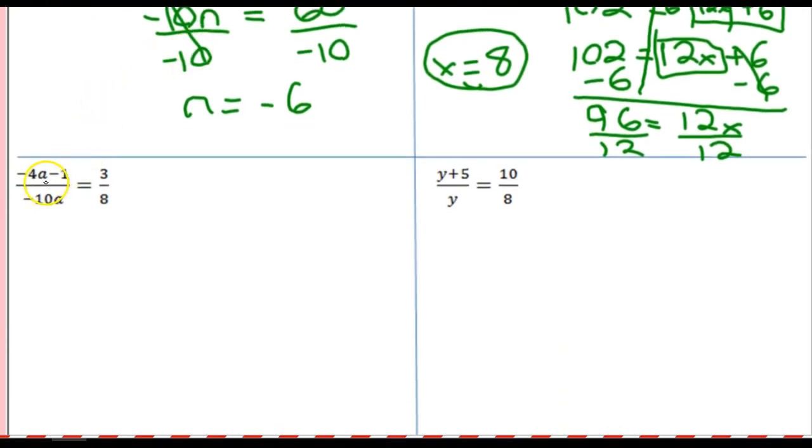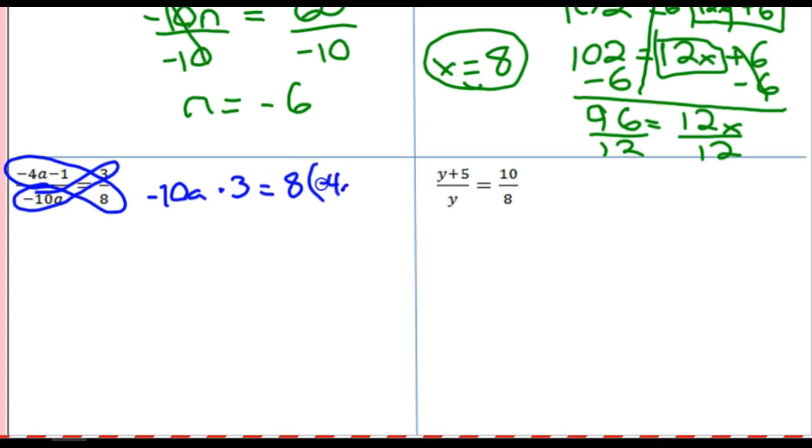Now we have two variables in this problem. This one is negative 10a times 3, so we can write that negative 10a times 3 equals negative 4a minus 1 times 8. So 8 times negative 4a minus 1.